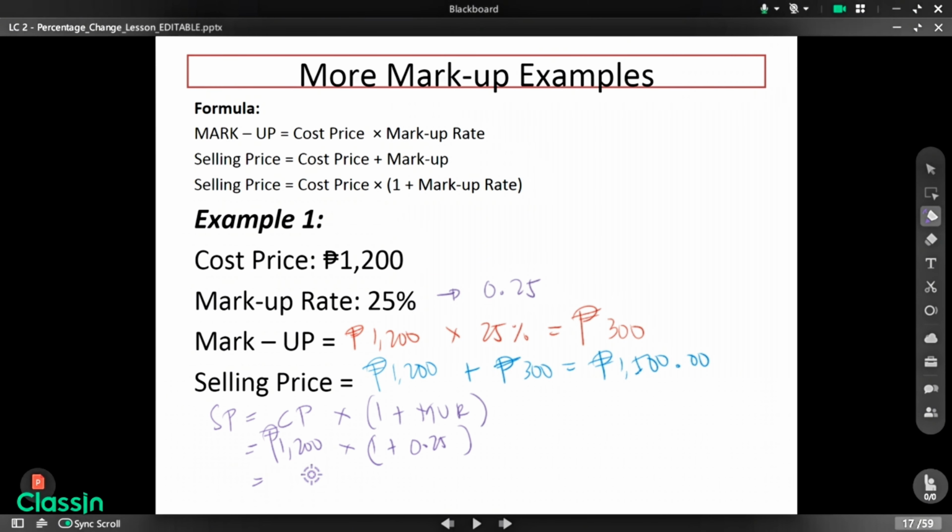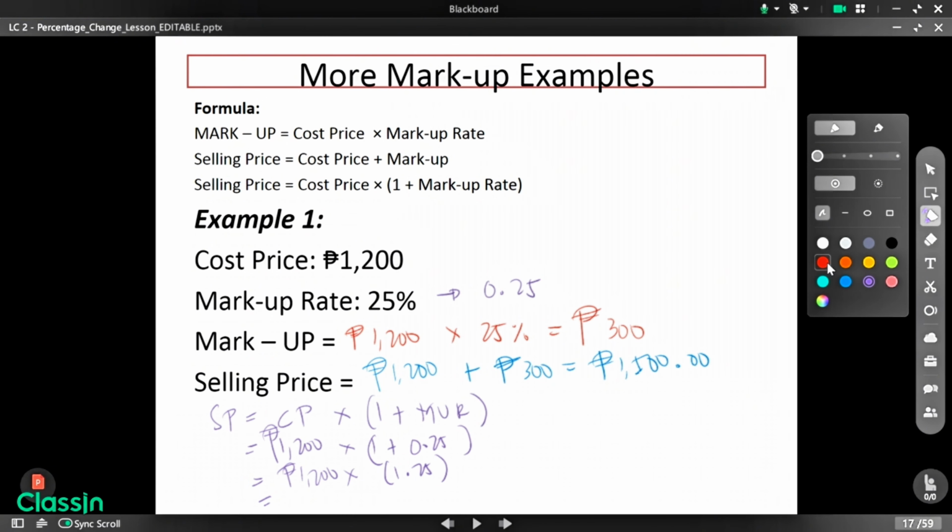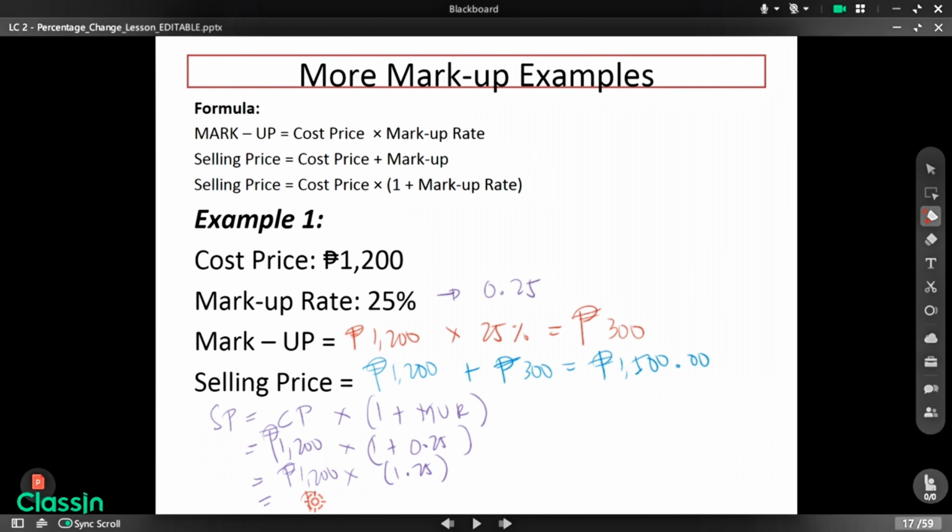So the next step is 1,200 times 1.25, which is equal to 1,500. We got the same answer.